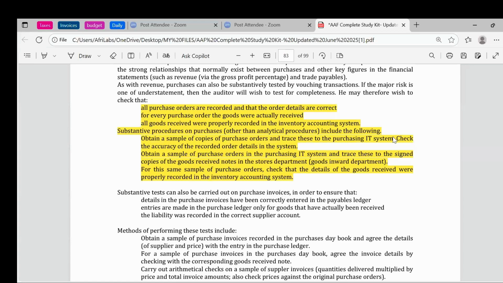Completeness and accuracy, because the inventory accounting system is now the next one that says obtain samples of the purchase order and trace them to the IT system to prove the accuracy of the recorded details. So if I just make sure that everything we receive, I record, that is completeness. But if I check that the right figure, the right pricing was being done, that is accuracy.